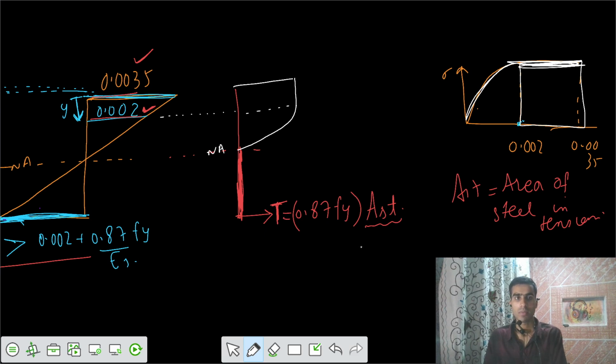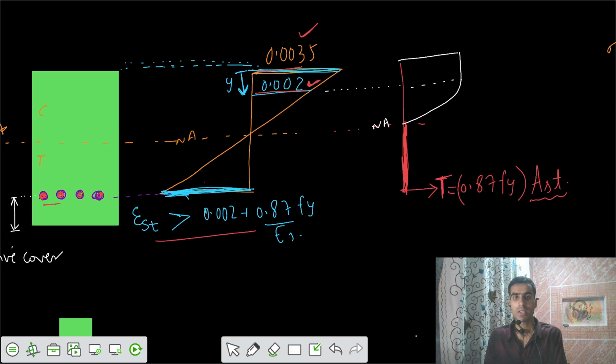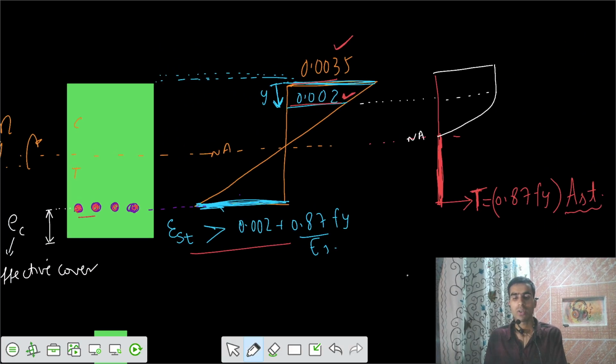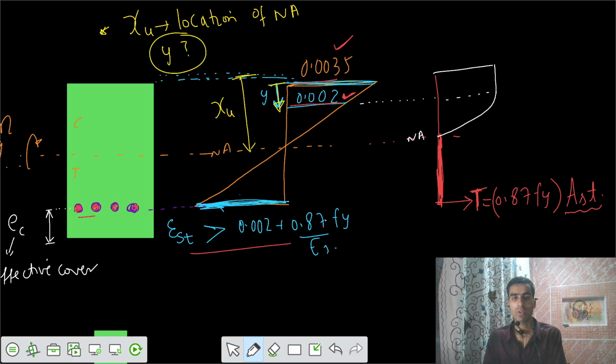Now we need to get the neutral axis. So based on those assumptions, we have to get three different values. One is the location of neutral axis that we represent by xu. So this is our first derivation, location of neutral axis. And the second one is the value of y. We need to get the value of y, up to the point where the stress is constant.